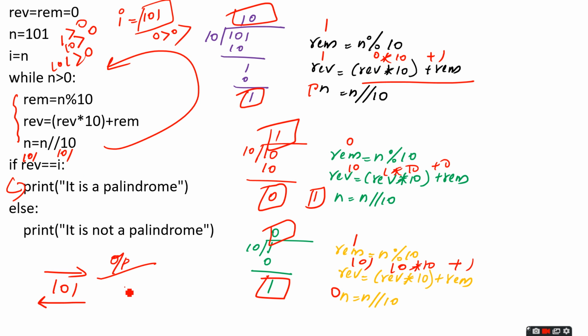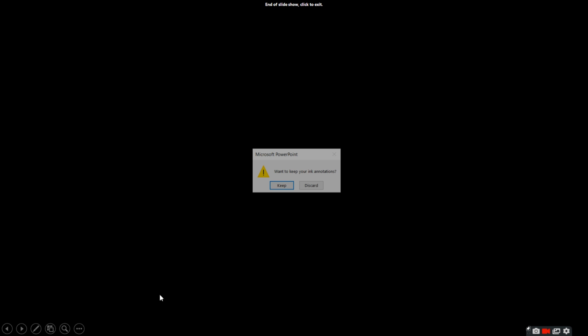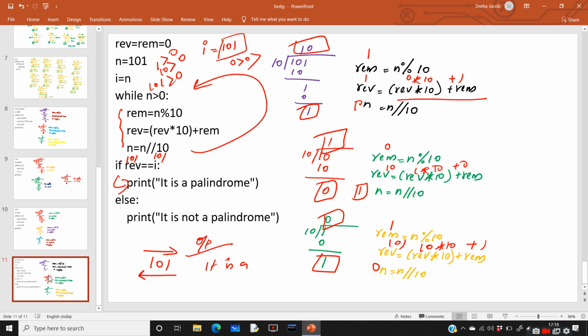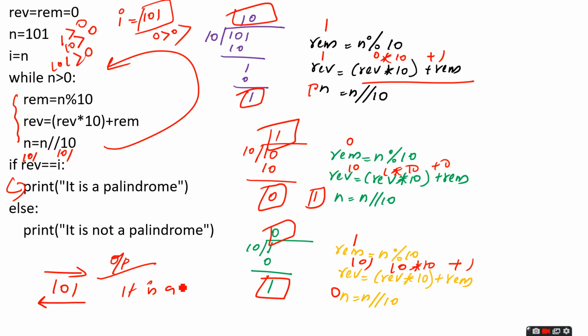So the output is: it is a palindrome. So in this way we can check whether a number is palindrome or not.